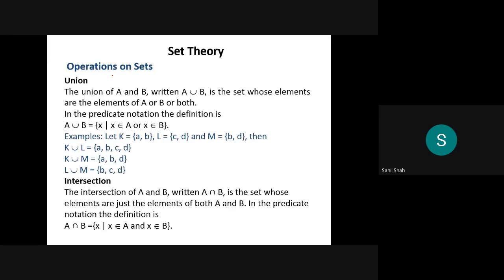If I'm interested in knowing the union of two sets, the union of A and B will be written as A union B. It is the set whose elements are the elements of either A or B or both. So we are going to take the elements which are present in the first set or the second set or the elements which are available in both the sets. So the notation is A union B, this simple union.